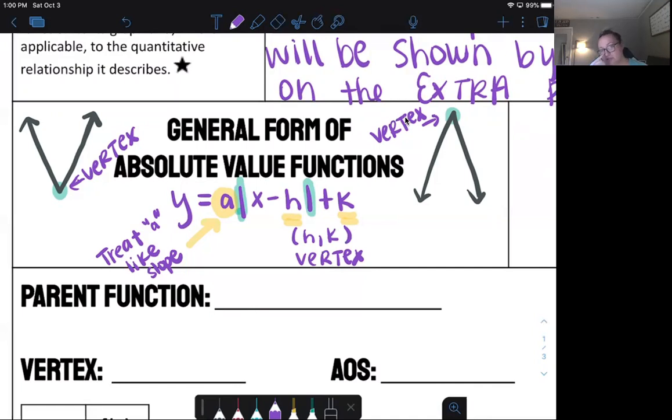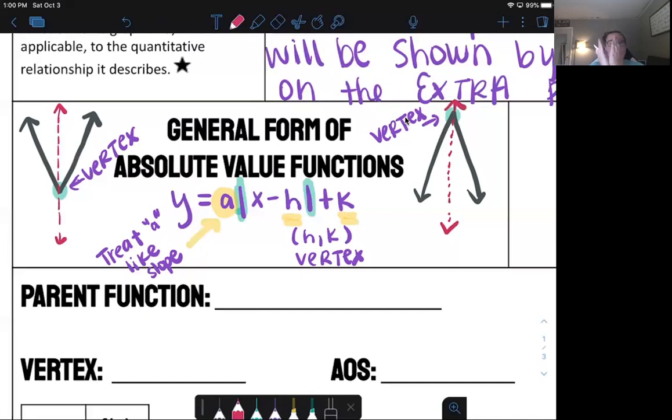Now, the other thing you need to know about absolute value graphs is that they have this very important line called the axis of symmetry. And the axis of symmetry cuts the absolute value graph perfectly in half.